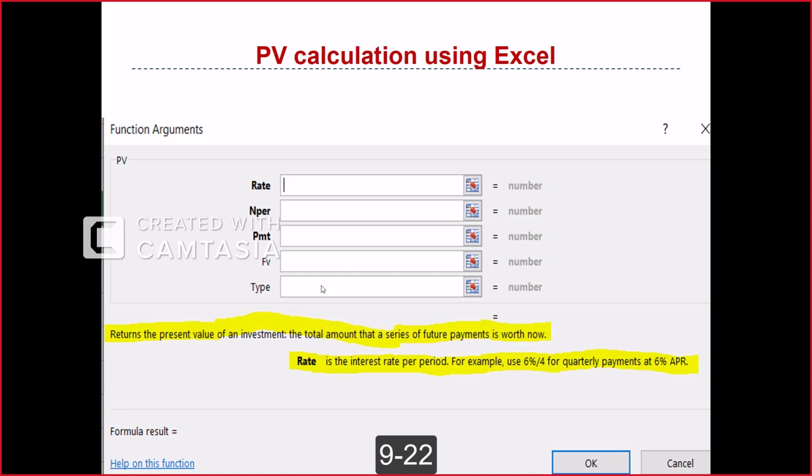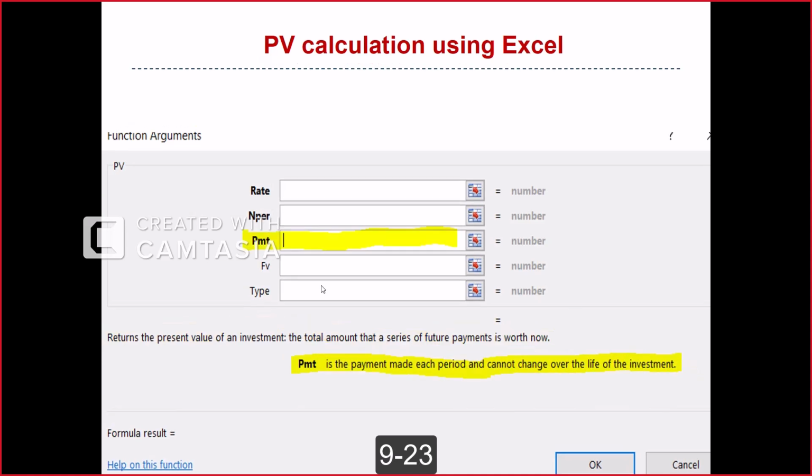If you need it calculated at the end of the period, then you have to enter 1 in the type, a logical value, either 0 or 1, so that you calculate the present value. So this is how you use Excel to make a present value calculation, and we are going to use it with the long-term liability. We're going to make some practice with this.